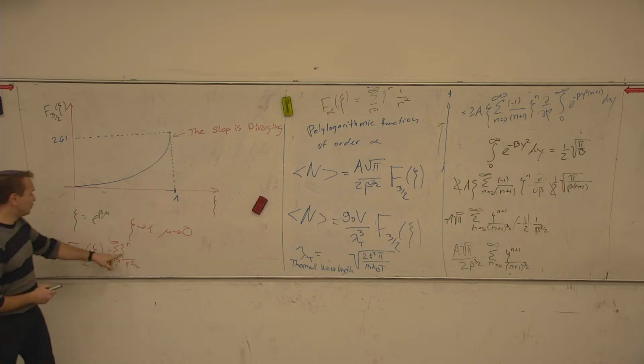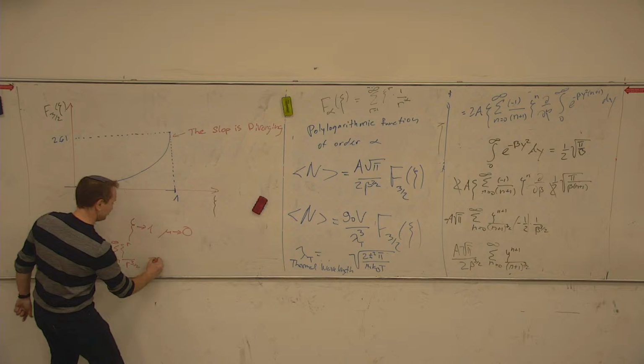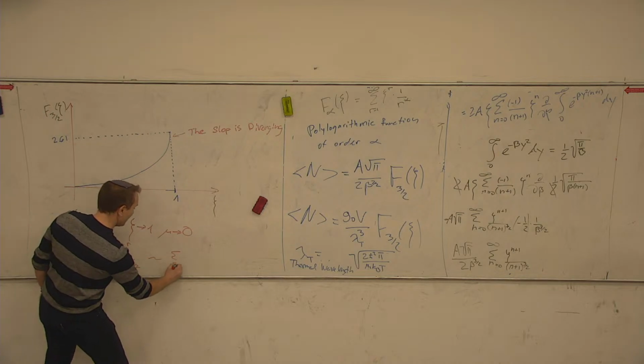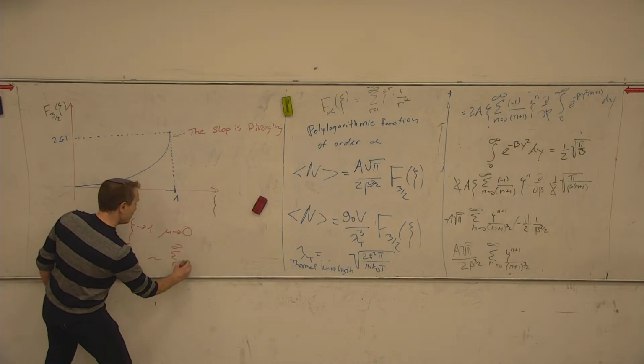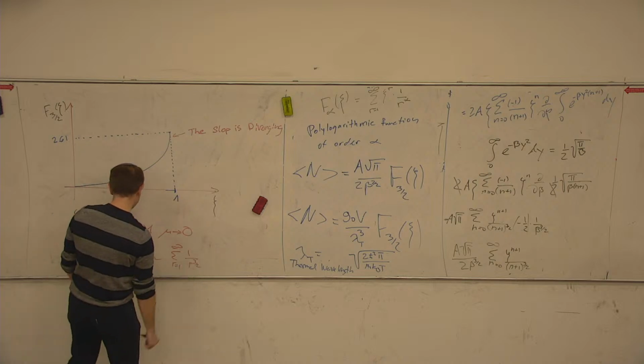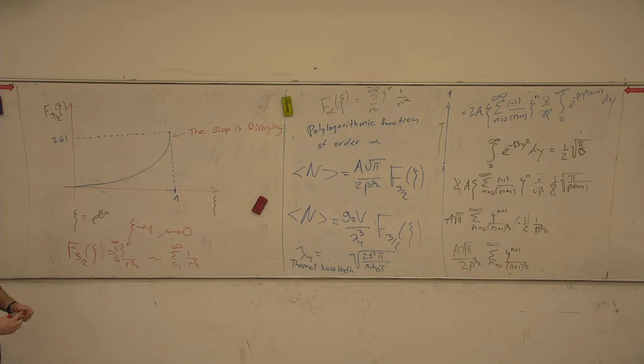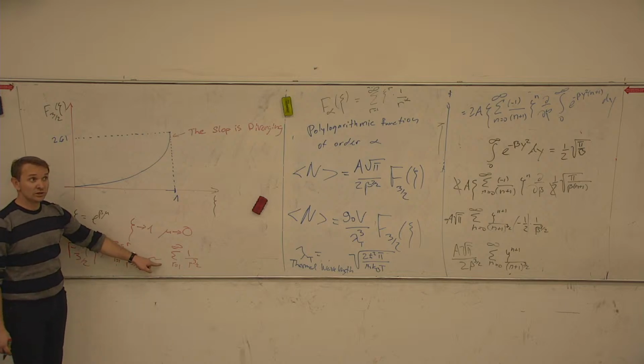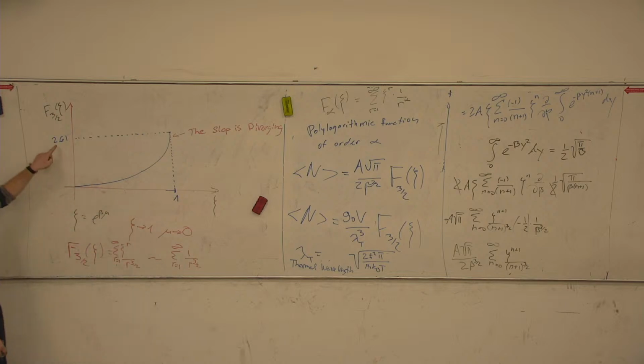And when we set fugacity to 1, it goes as the sum over r from 1 to infinity of 1 divided by r^{3/2}. Something bad happened here. Well, it actually converges, and it converges to this value 2.61, etc. But the fact that this function is converging to a finite value is a problem.